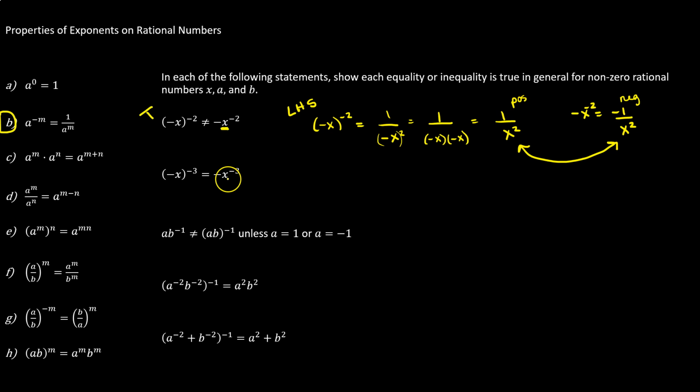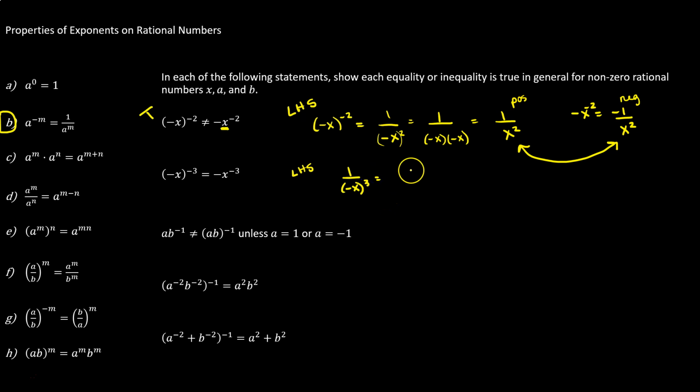Let's take a look at the next one. Now, what we just learned in the first one, you might say, oh, well, the next one's going to be false because we just learned that those are not equal. However, we're dealing with an odd number exponent. So again, let's look at the left-hand side. Negative x to the negative 3, that can look like 1 over negative x cubed.